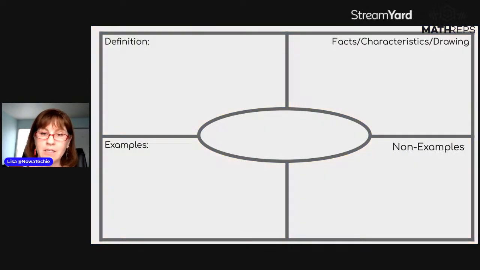So let's get started. Those of you who are not familiar with a Frayer model, it simply looks like this. It's a really simple chart. In the center, you can put a word, a phrase, a word problem, or just a regular problem specific to math.